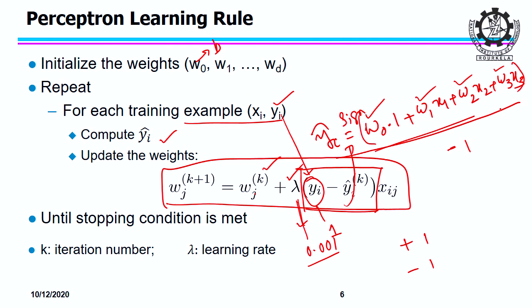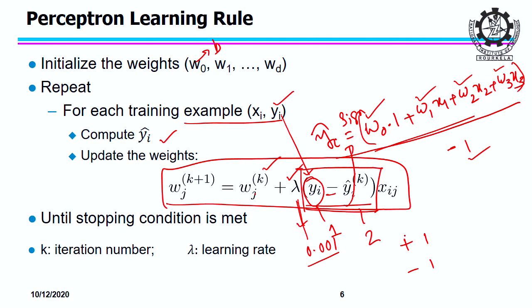So, whatever the value, if it is greater than 0, it will make it 1, and if it is less than or equal to 0, it will make it minus 1. So then this is minus 1 and another minus 1, so this value itself will give you 2, that means the error is 2.